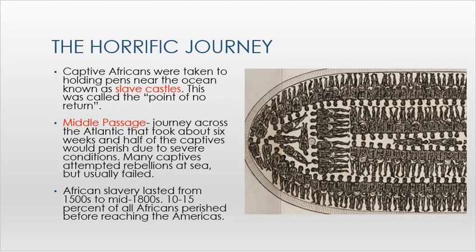So it was just awful, terrible treatment of human beings, and it truly is one of the great tragedies of world history, this African slave trade that came about. Anyway, we're going to see this going on from about the 1500s to the mid 1800s.